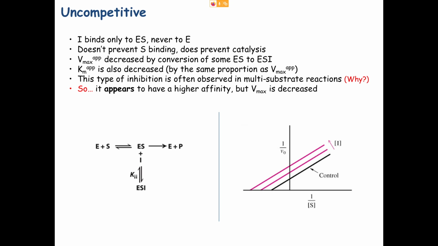Can our uncompetitive inhibitor bind in that scenario? Yes, that's exactly what it binds to. It loves that scenario. So will the amount of product we make be diminished by the inhibitor's presence? Yes, because it's removing some ES from the equation. So unlike competitive, under saturating conditions the Vmax will still change.